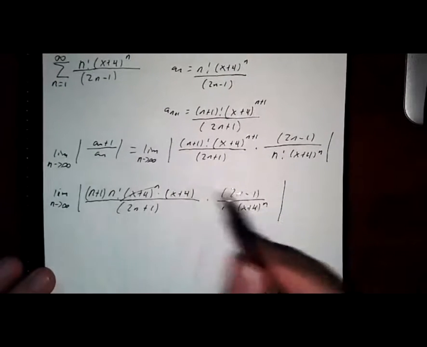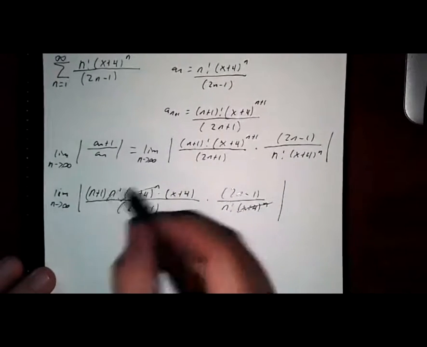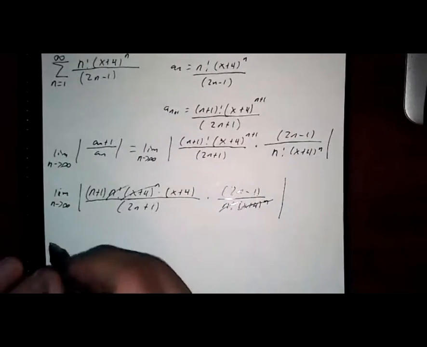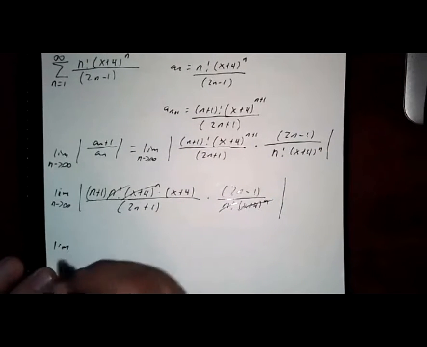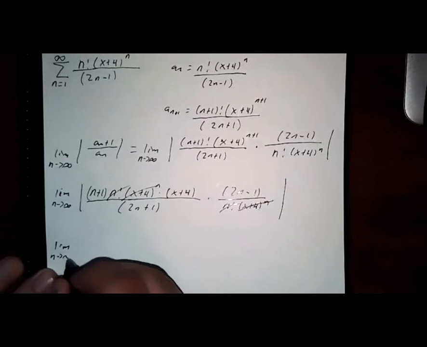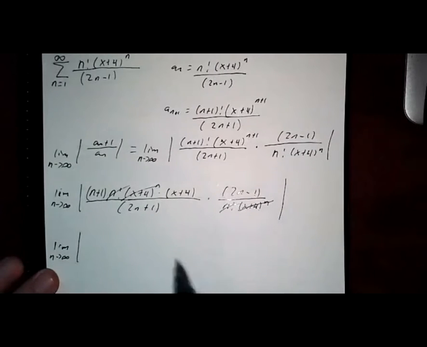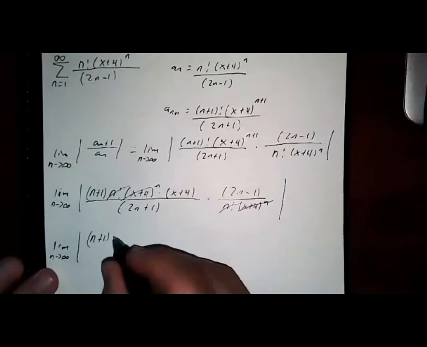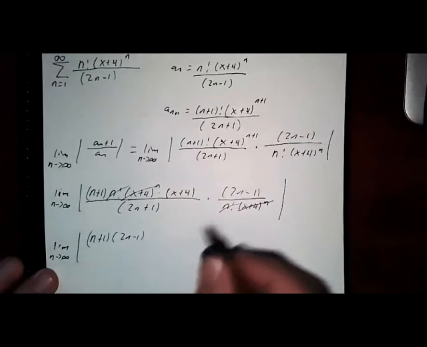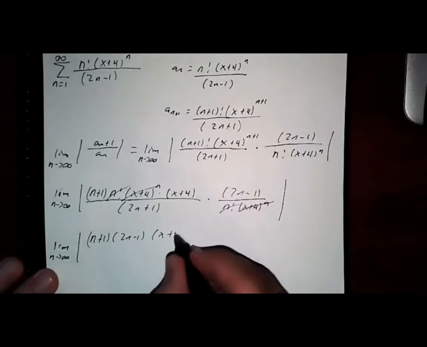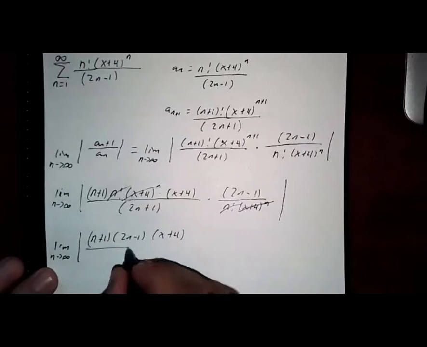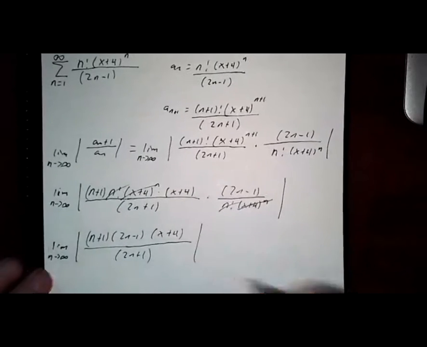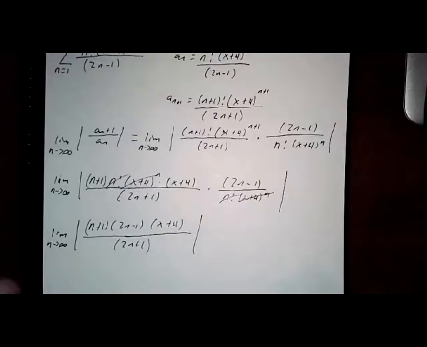So these would cancel. Factorials would be gone, leaving me with a limit as n approaches infinity of n plus 1 times 2n minus 1. I'm going to go ahead and put it together. X plus 4 over 2n plus 1.